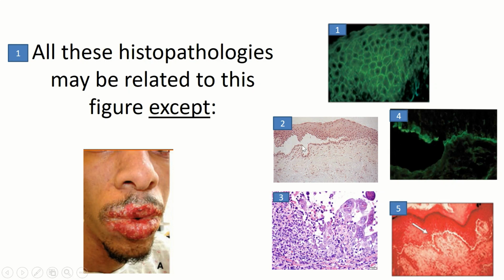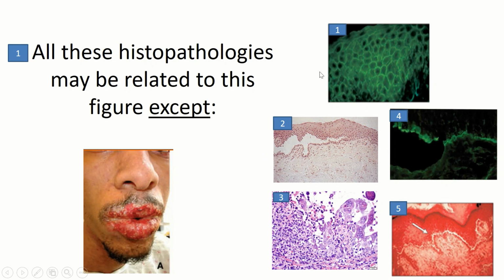What you see here in histopathology, figure 2 and figure 5, both of them are intraepidermal bulla formation that could be compatible with the diagnosis of pemphigus vulgaris and therefore paraneoplastic pemphigus.